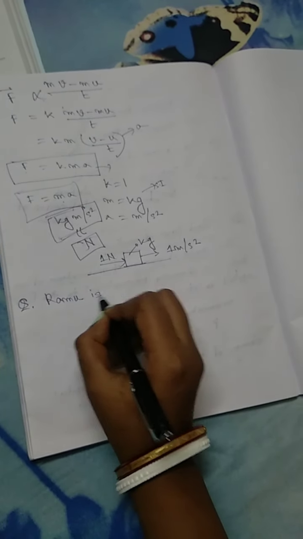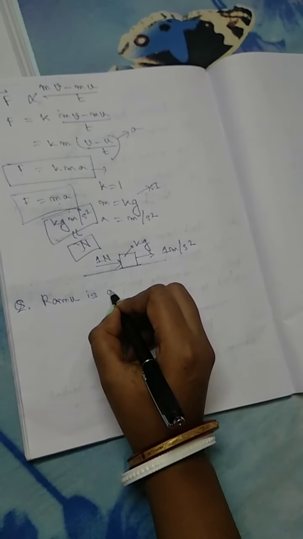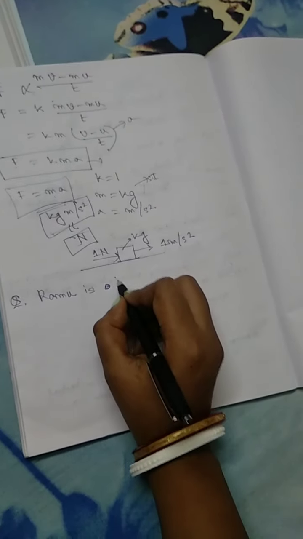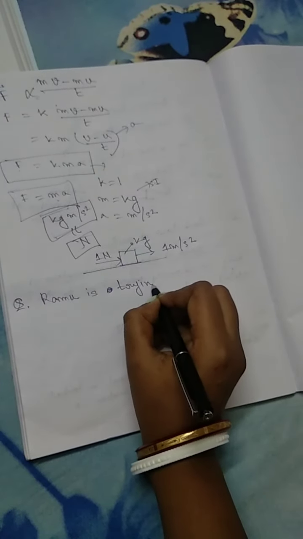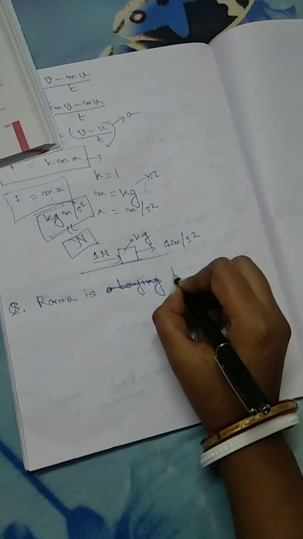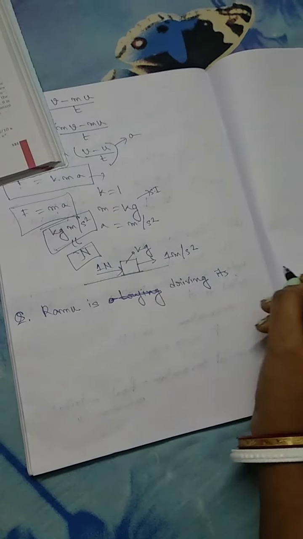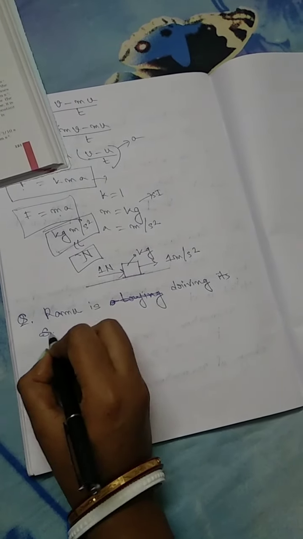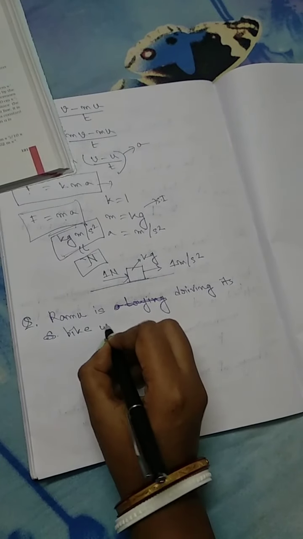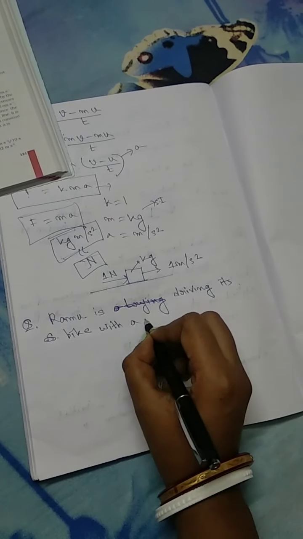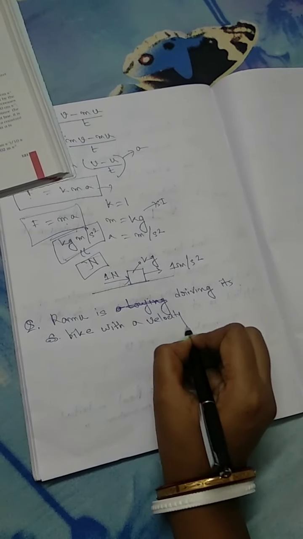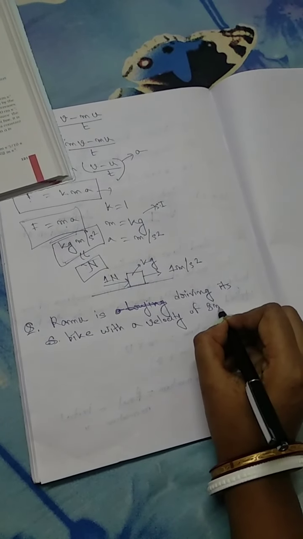Ramu is driving his scooter or bike with a velocity of 10 meter per second.